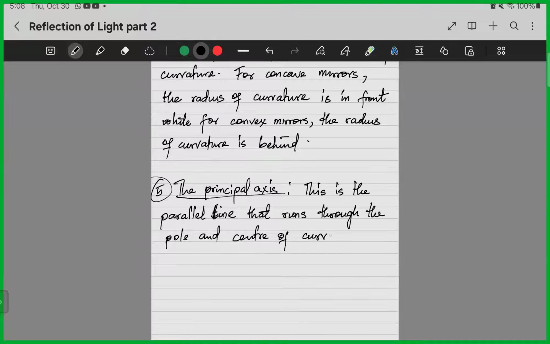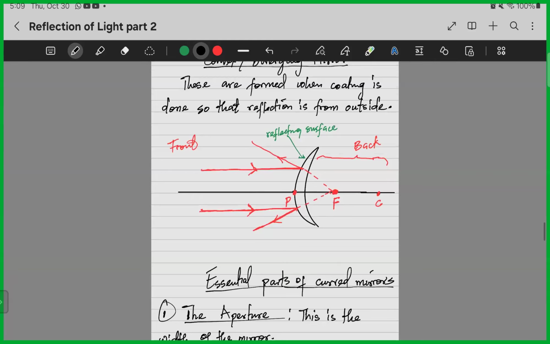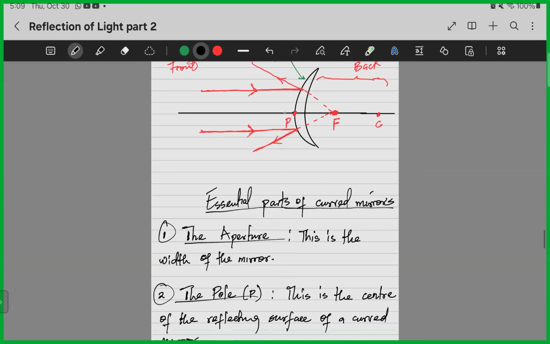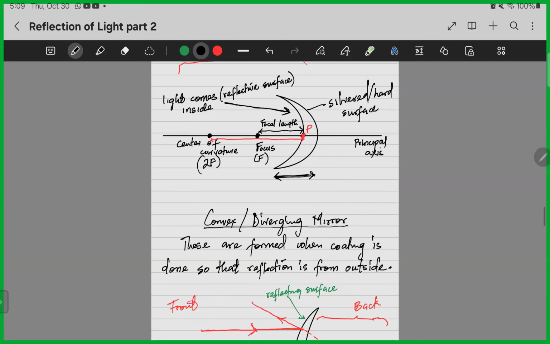We all were able to see the principal axis in my diagrams. This middle line, that main line that runs through the pole and runs through the focus and the center of curvature. It runs through P, F, C. So keep that in mind.